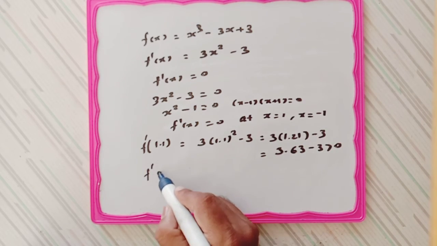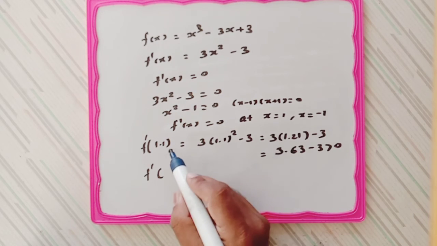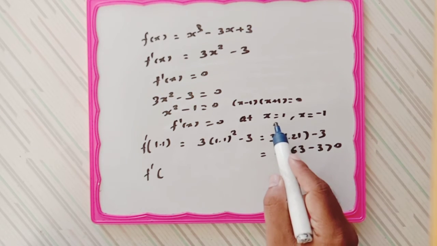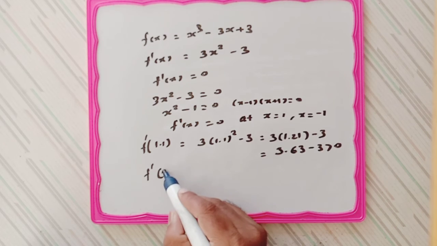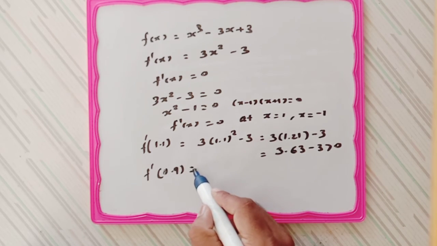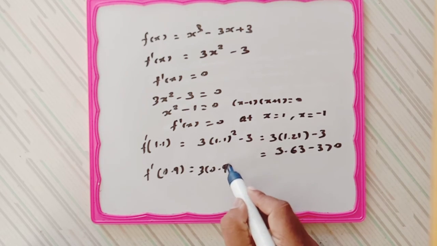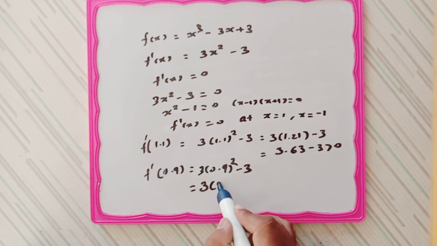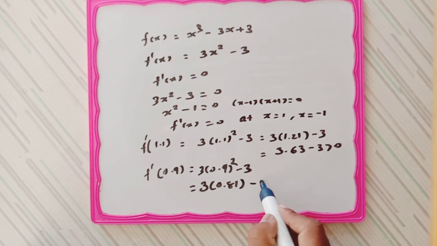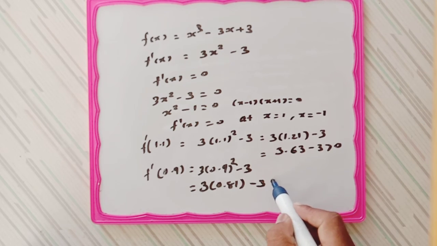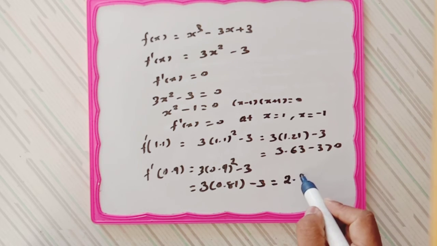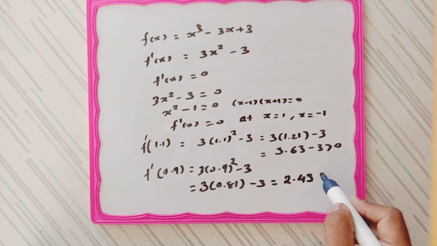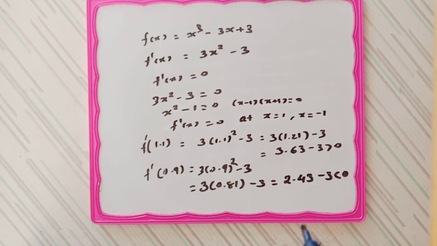And if we take a very close value to 1 on the left side, then 0.9, and 3 into 0.9 square minus 3, so 3 into 0.81 minus 3, which is 2.43 minus 3, less than 0.